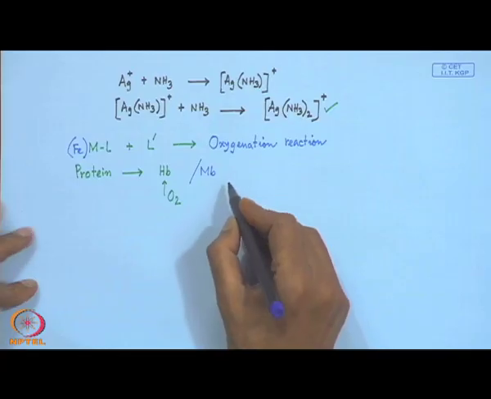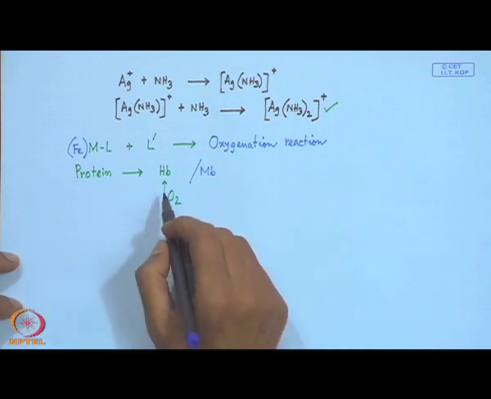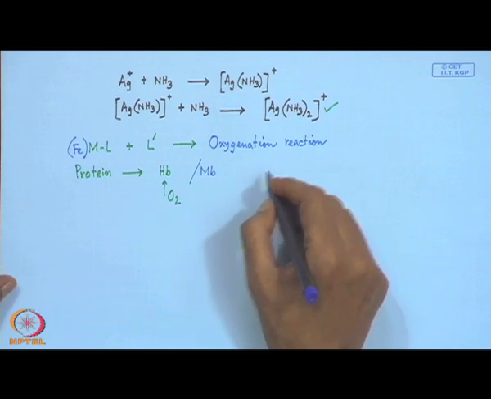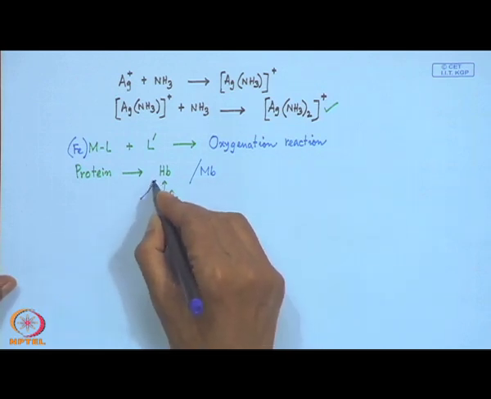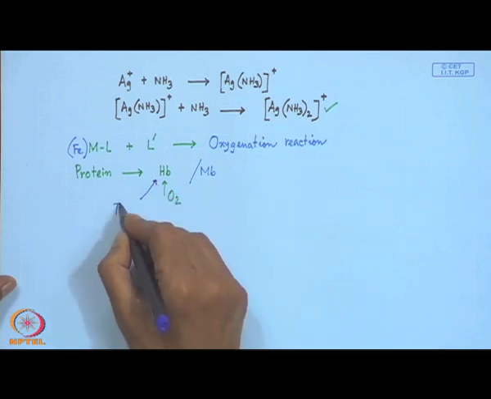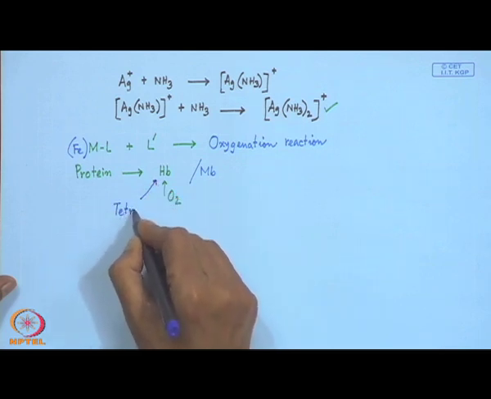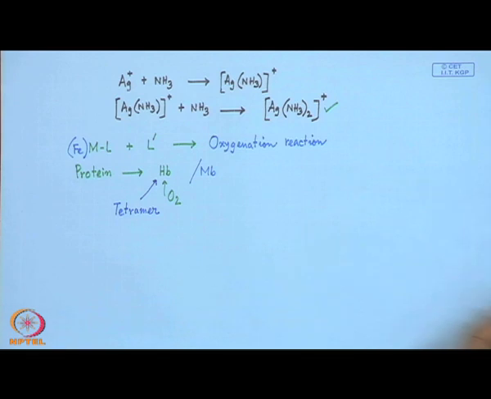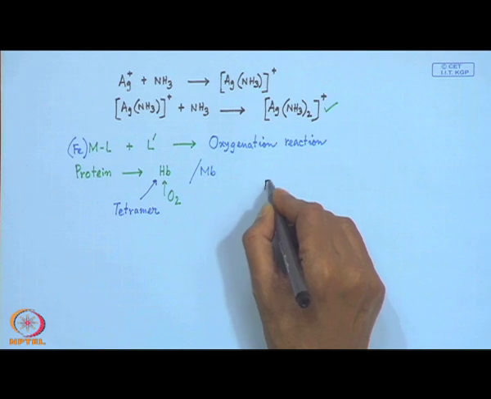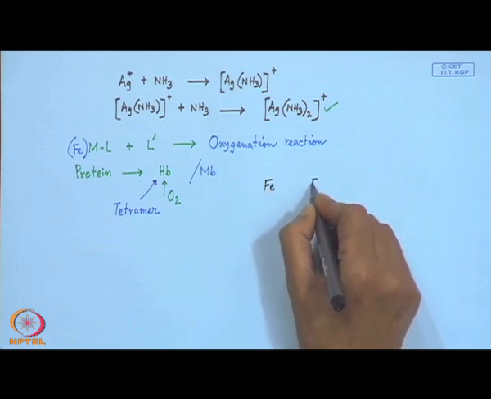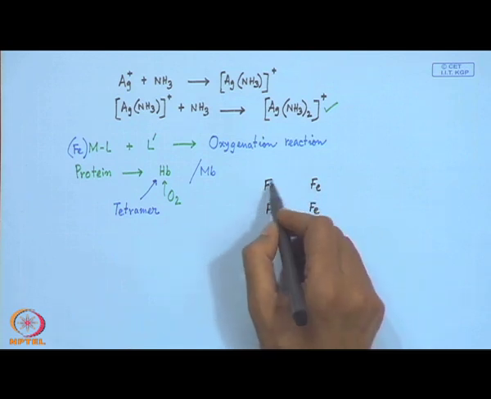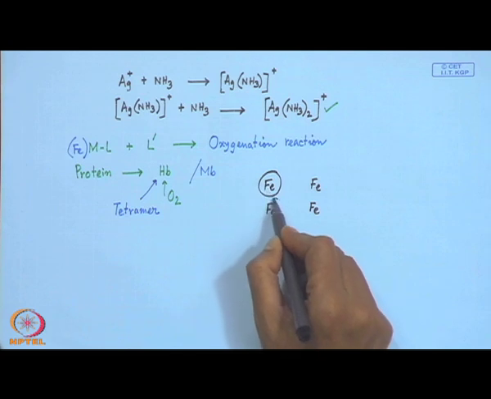So, in this particular case also, we know that the hemoglobin molecule is a tetrameric species, a tetramer. Tetramer means immediately we can see that we can have 4 iron sites. It is a heme protein type of thing.